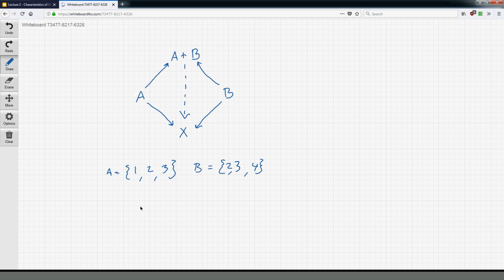But for the disjoint union, we're going to use the symbol for the disjoint union, which looks sort of like an upside down pie. We're going to label each of the elements with the set that they originally came from.